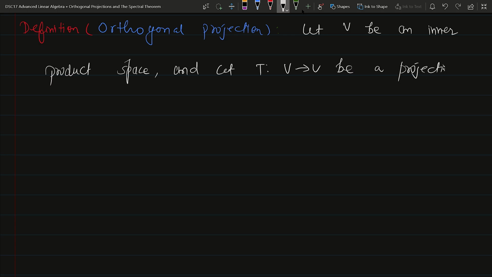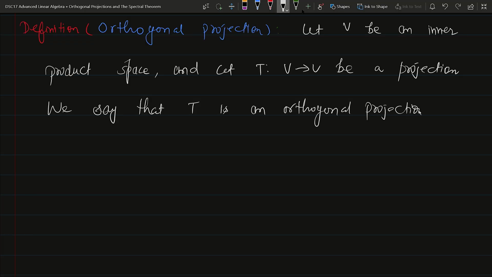Now the moment we say this T is a projection, then following the above discussion, we say that this T is an orthogonal projection if the orthogonal complement of the range space of T is equal to the null space of T, and the range space of T is equal to the orthogonal complement of the null space of T.